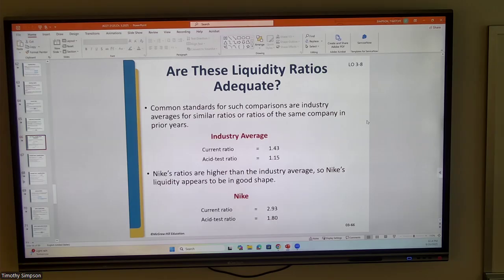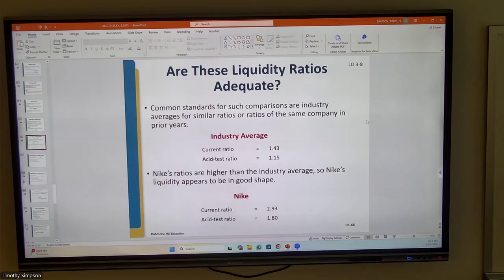And one of the things that I will say here, and it's something that I do, particularly when we talk about this in Principles 2, is the idea that we say, whatever the ratio or the relationship, the higher the better, or the lower the better. In this case, we're going to say both current ratio and quick ratio, the higher the better, with the caveat that if it's too high, is the company really allocating its assets in the right way?